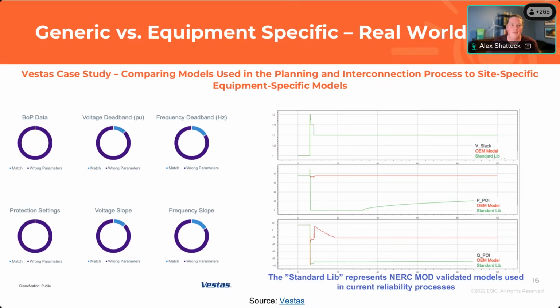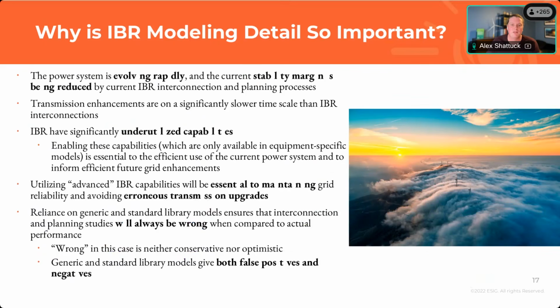And how do you plan for a reliable system if you can't be sure if your IBR is going to give you 80 megawatts or zero for 30 seconds? It's very hard to get useful things out of study work when those inputs can cause such differences.